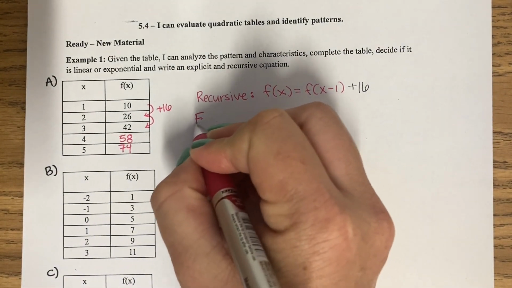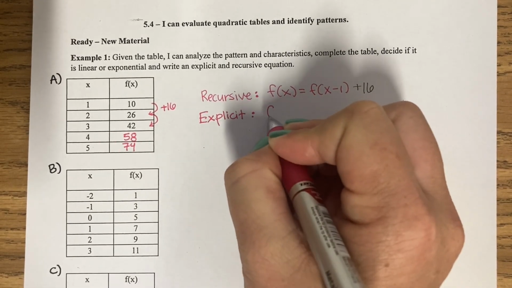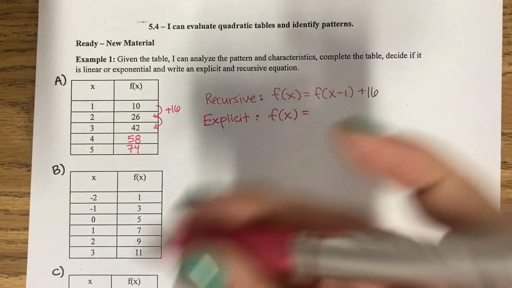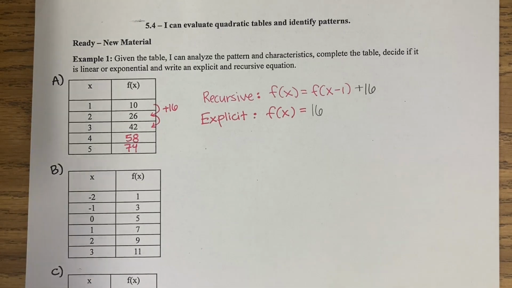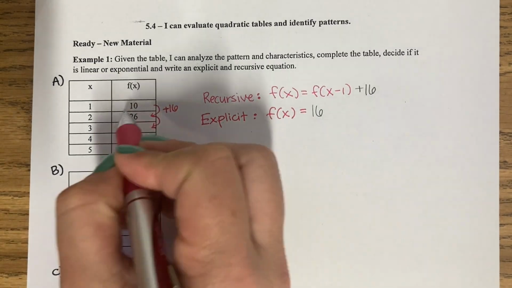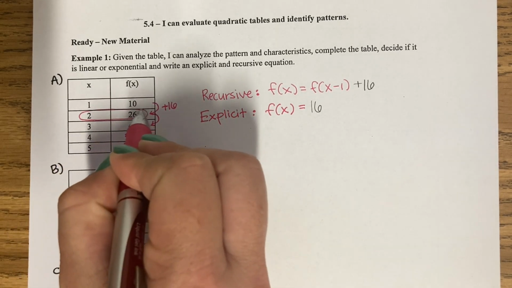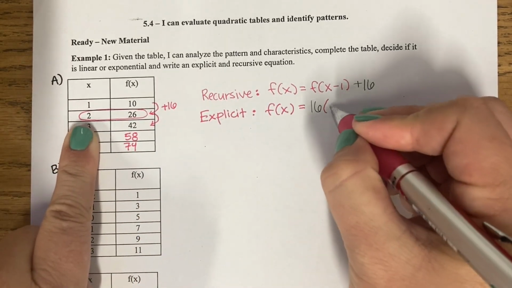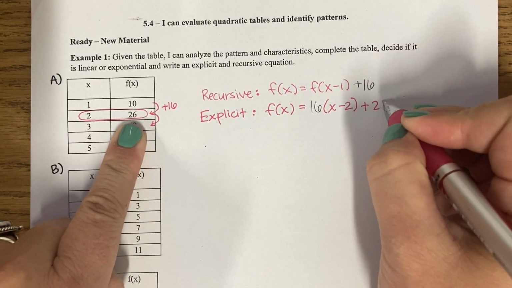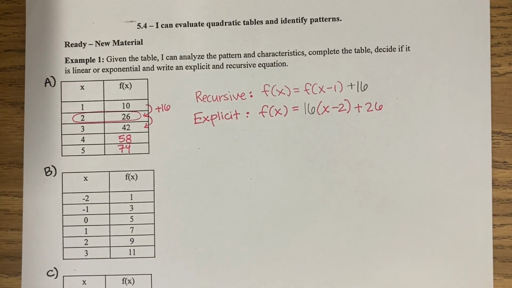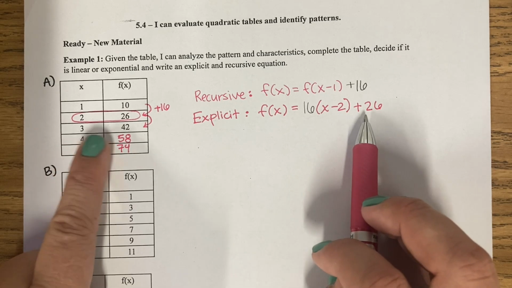The explicit: f of x equals my slope, which is a positive 16, and then I'm going to use the second term, x minus 2 plus 26. You could have done x minus 1 plus 10, or you could have done x minus 3 plus 42.